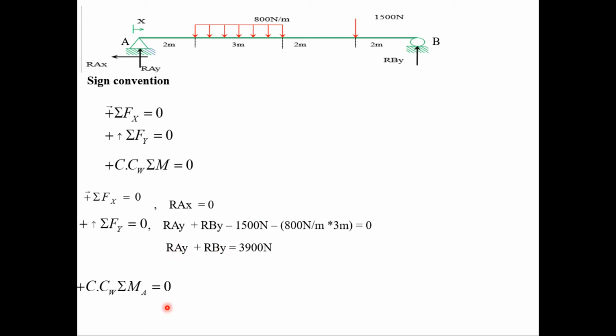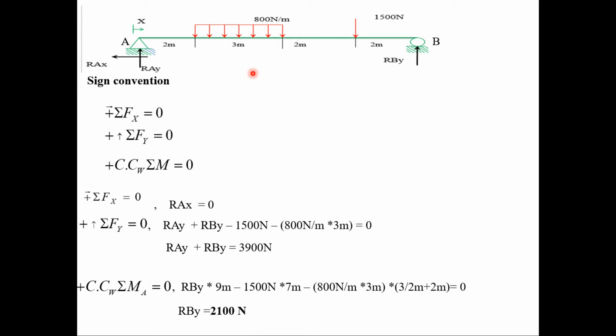So let's take summation of moment at point A. RBY multiplied by its moment arm 9 meters minus 1500 Newton multiplied by its moment arm 7 meters minus 800 Newton per meter, which is a clockwise moment, times 3 meter multiplied by its moment arm 2 plus 3 over 2 meter. So RBY will be 2100 Newton.